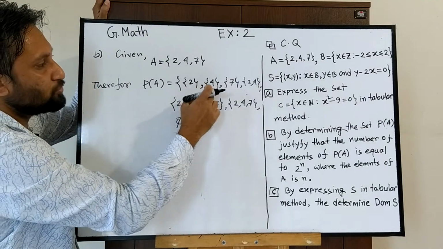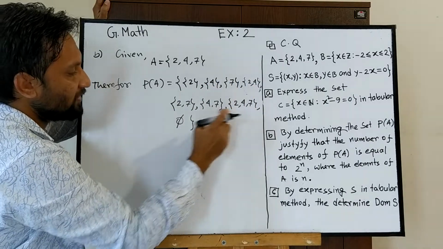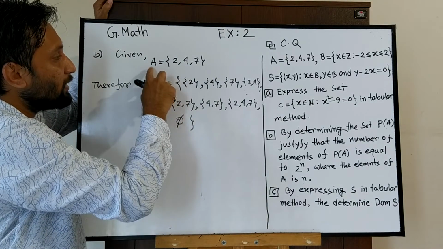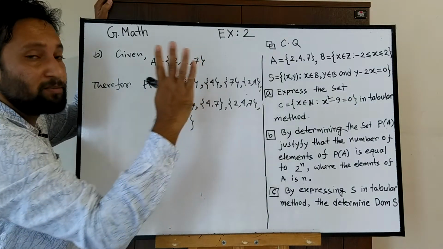So here see that 1, 2, 3, 4, 5, 6, 7, 8. The total number of elements of P of A is 8, and the number of elements of A, which is 2, 4, 7, is only 3.